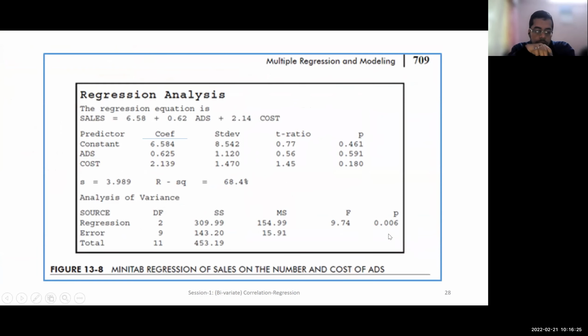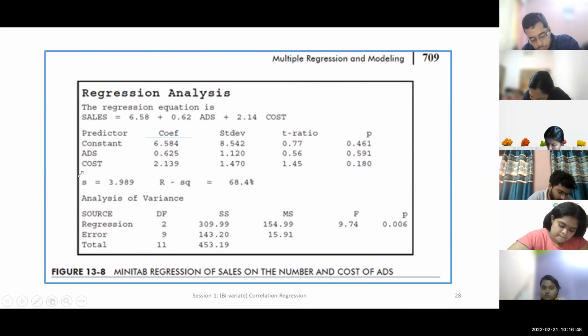So please, all of you see, this is the final P. This is called significance proportion or significance P. All of you write down in a notebook. This P, if it is less than 0.05 or 5%, then only we'll be calling the multiple regression to be significant.